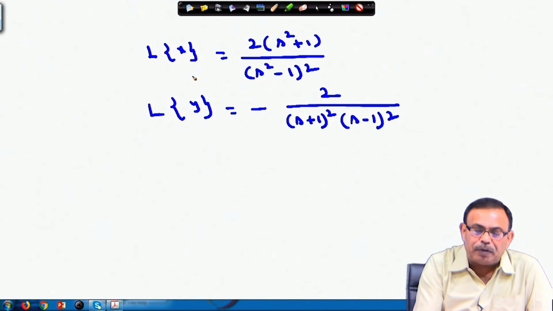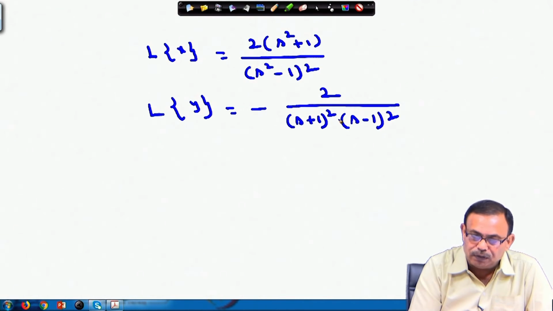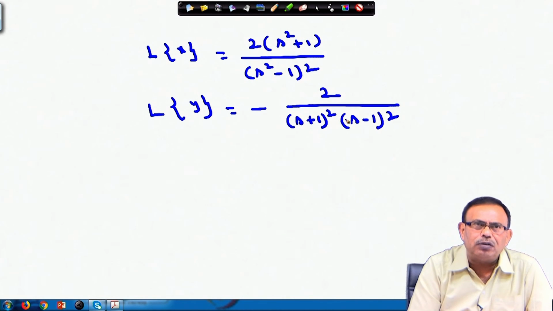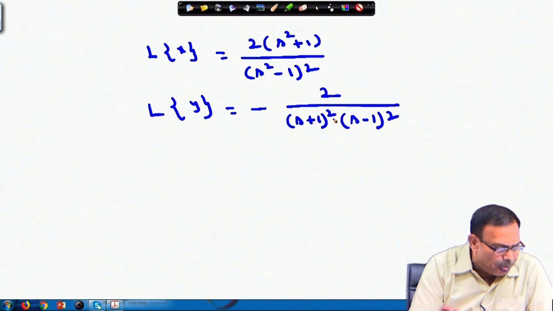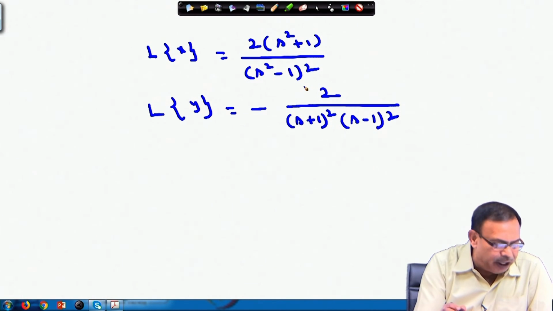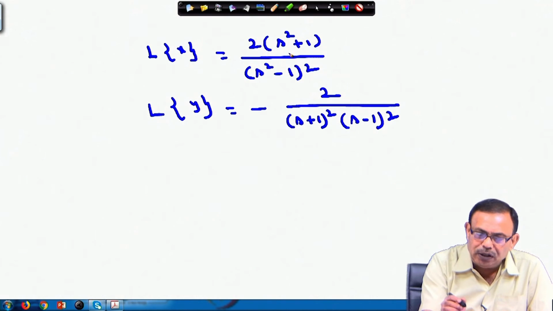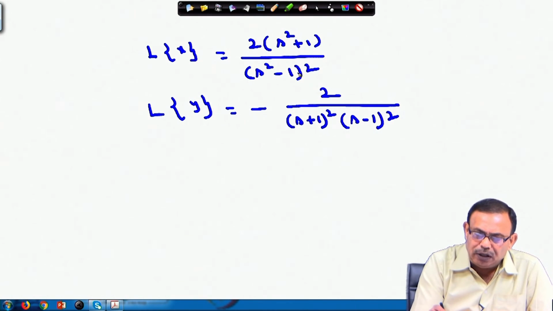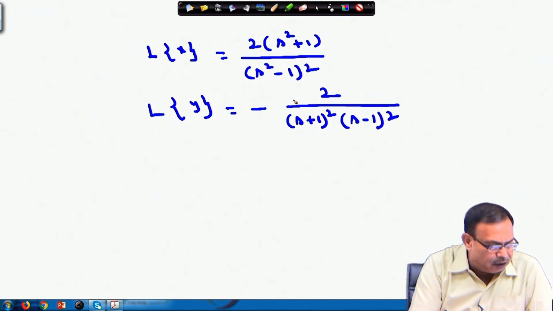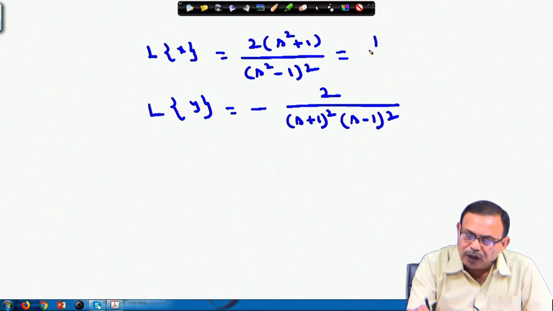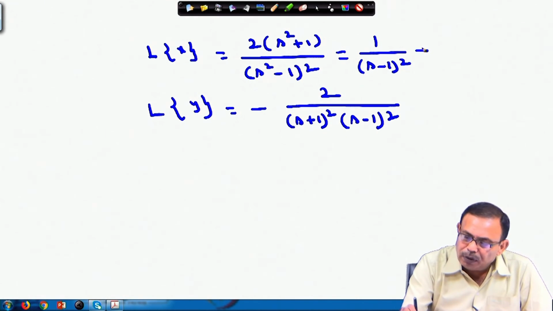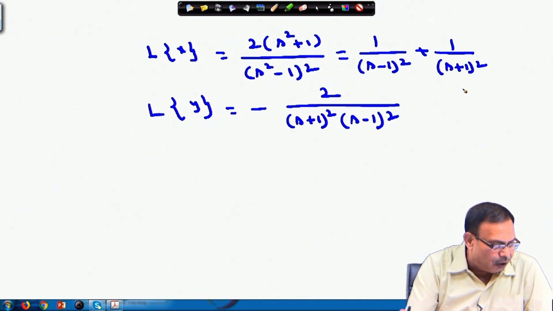So, once I am getting Laplace transform of x in terms of s, and Laplace transform of y in terms of s, then I can find out the values of x and y using the inverse Laplace transform. So, Laplace transform of x is this thing, 2 by s square plus 1 by s square minus 1, and this I can break as 1 by s minus 1 whole square plus 1 by s plus 1 whole square, if I break it like this always.